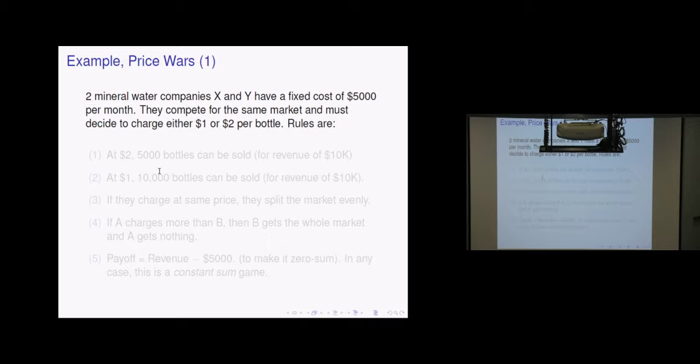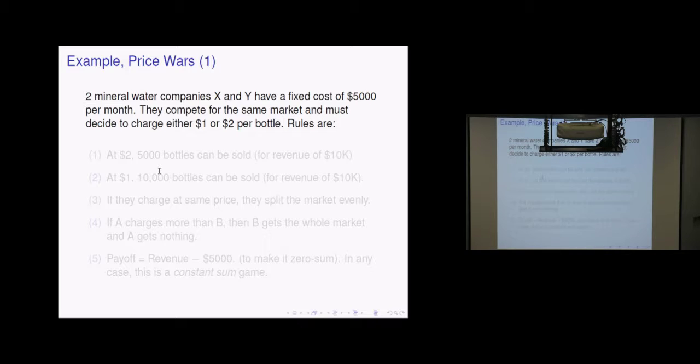Now we have two mineral water companies, X and Y. They have a fixed cost of 5,000 per month. They compete for the same market. They must decide whether to charge $1 or $2 per bottle.